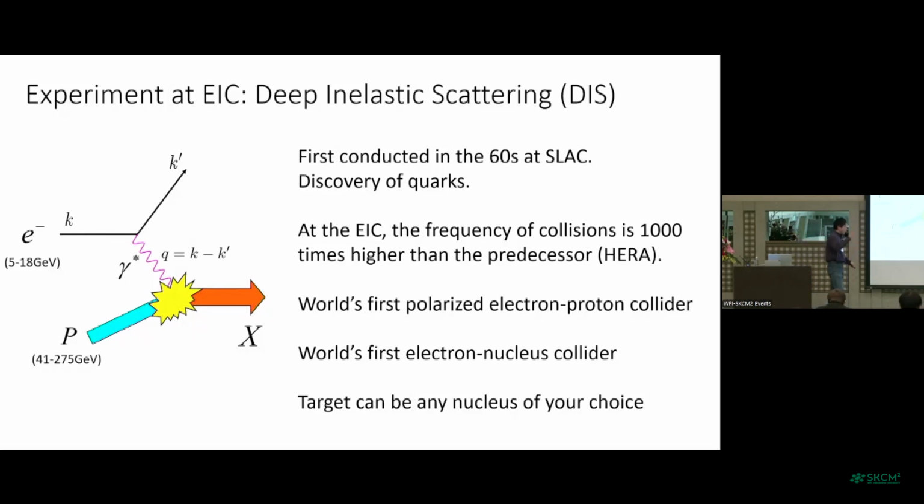By polarize I mean that I can orient the direction of the spin in whatever direction I want. You can do that only at the electron-ion collider. And also, it's the first electron-nucleus collider. The target is proton, but you can also use any nucleus of your choice. It can be proton, deuteron or helium, or also a very heavy nucleus like lead. So that's the experiment.